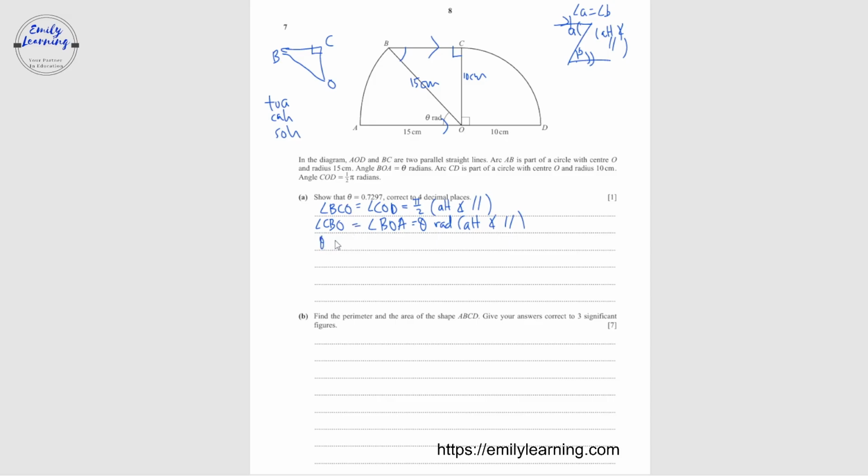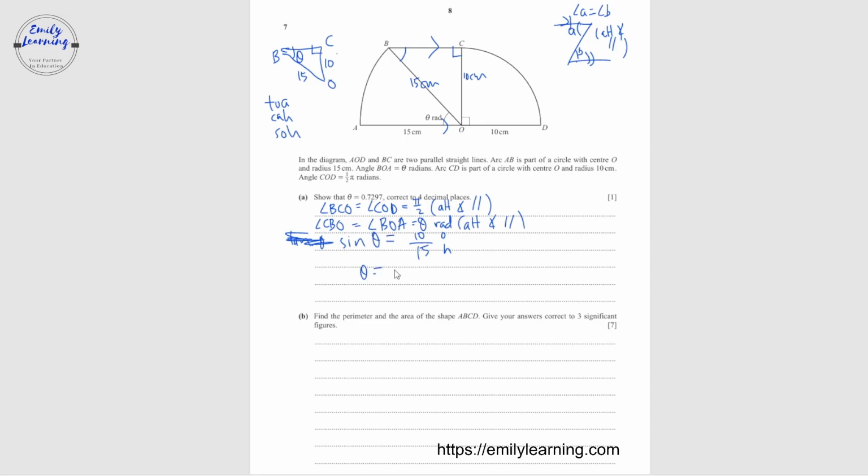So tangent CBO, not tangent, because this is the angle that I'm interested in, and this is opposite to theta, and this is the hypotenuse. So if I have opposite and hypotenuse, it is sine. So sine theta is equal to this.